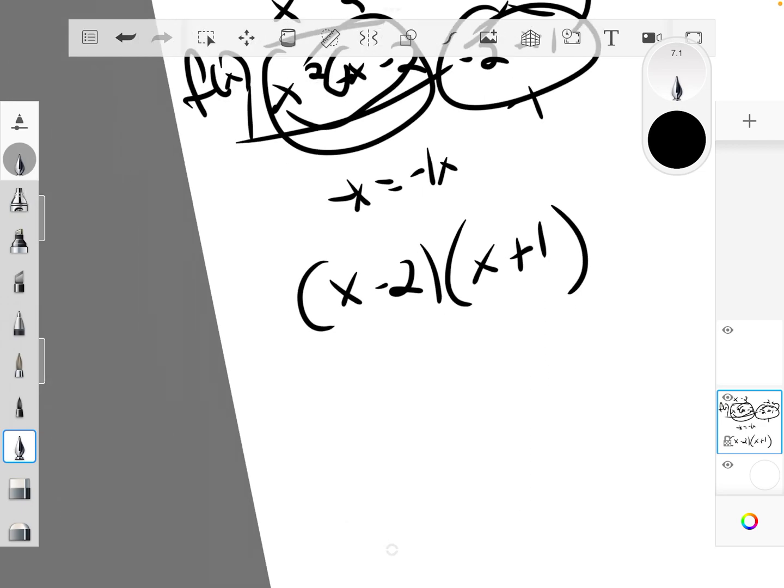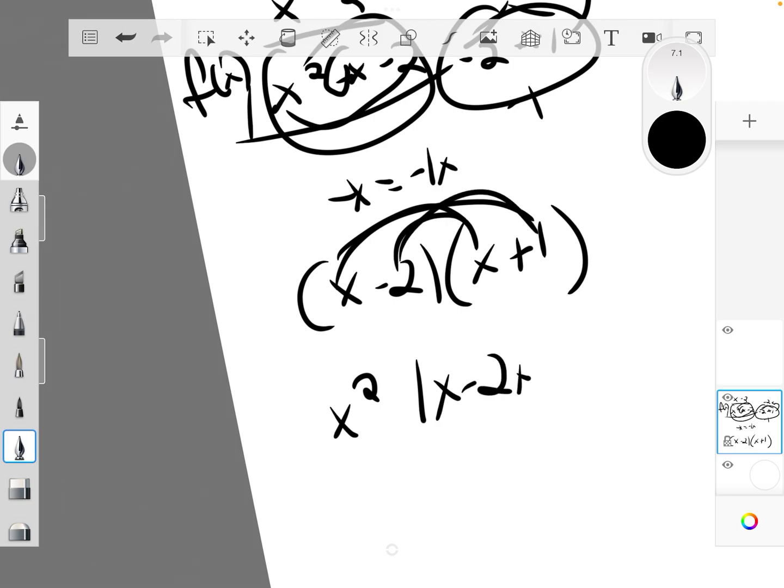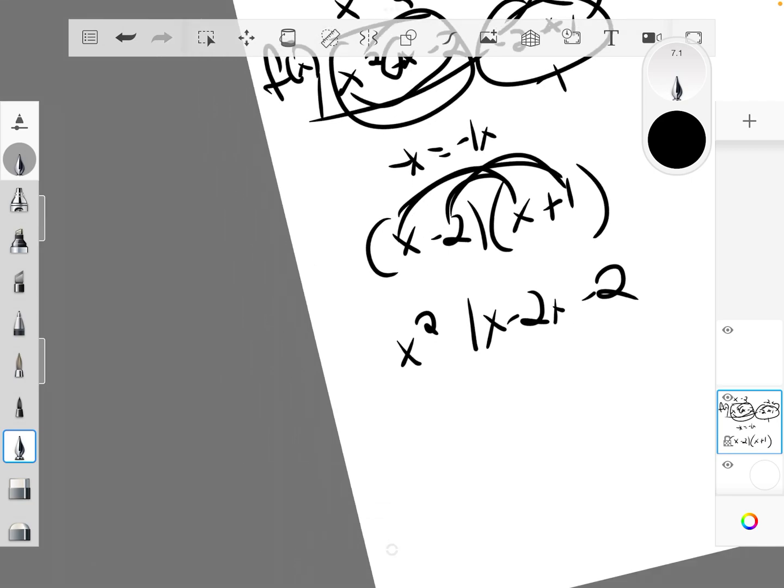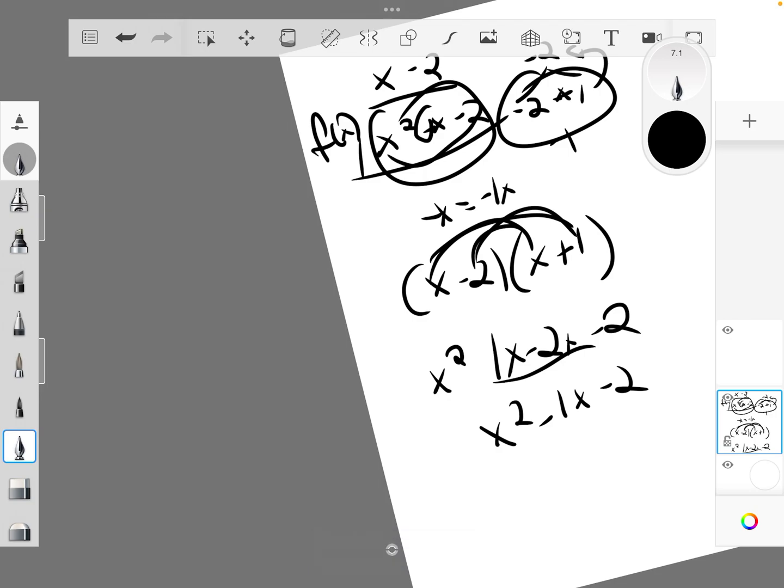If you don't believe me, multiply: x times x is x squared, x times 1 is 1x, minus 2x, minus 2. That gives x squared minus 1x minus 2, x squared minus x minus 2. It's the same thing.